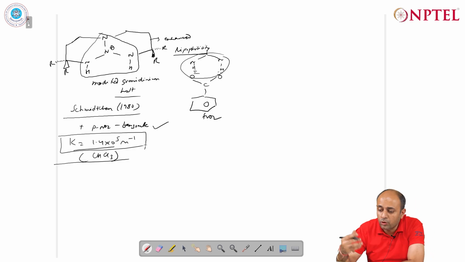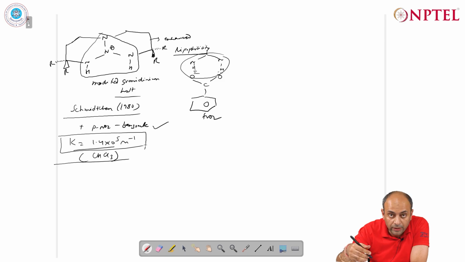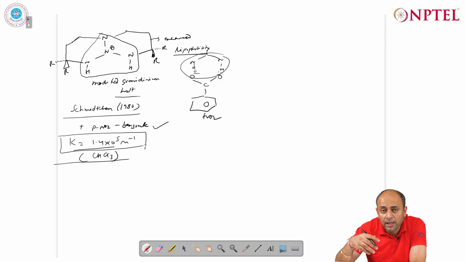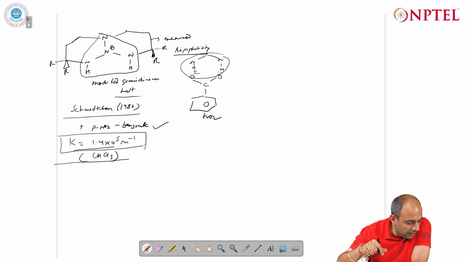Another particular host was also designed which modifies this binding with the anion, particularly the phosphate based anions. And why are phosphate based anions important? Because they have a lot of applications in biological systems. For example, we look a little at enzyme mimics, and phosphates and other derivatives of phosphates like oligophosphates are very important in biological systems. So, we can now take another modified host.